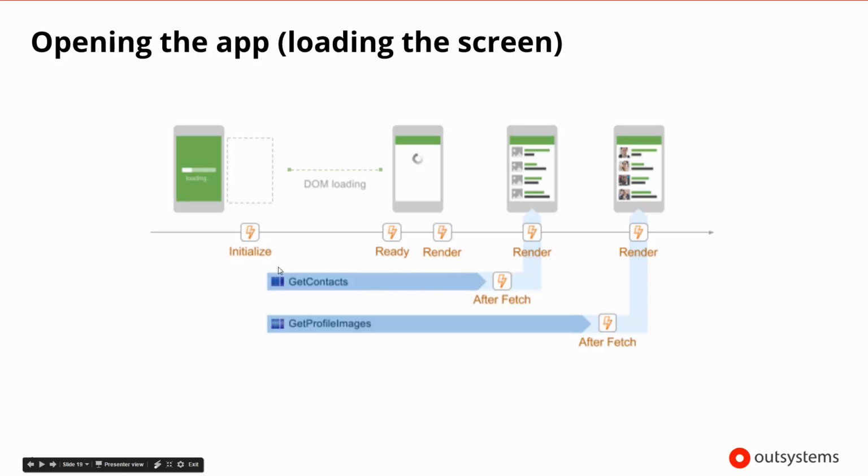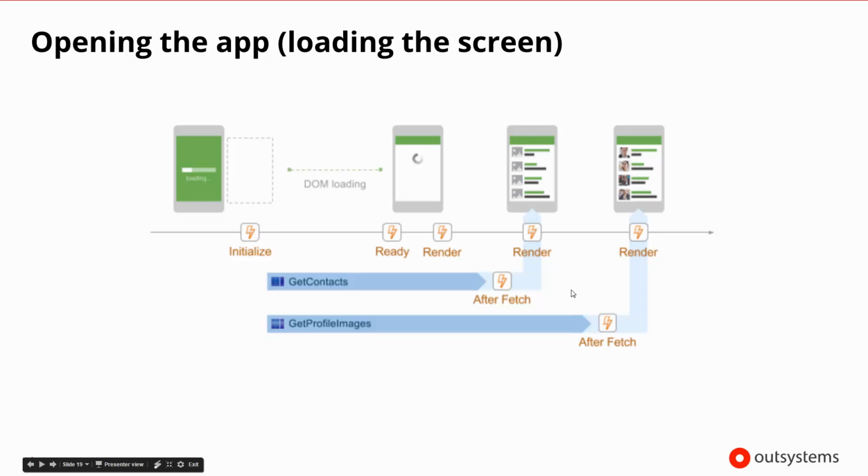Because inside of the page itself, it knows that the contacts are one of the pieces of data that it needs, and when the data changes and is ready, then it will re-render the screen to go ahead and display that data. So at this point it renders the screen. It doesn't have the images, so it shows placeholders, and then it goes ahead and shows the contacts. Once the profile images come in, if we need to do anything on after fetch, we can do that, and then it renders and it adds the pictures.